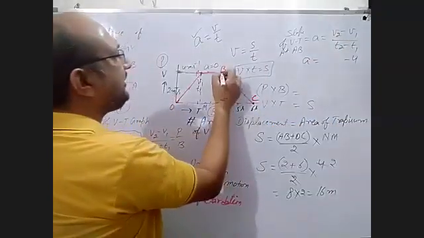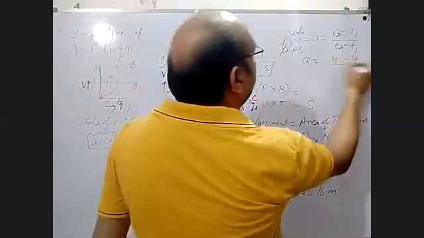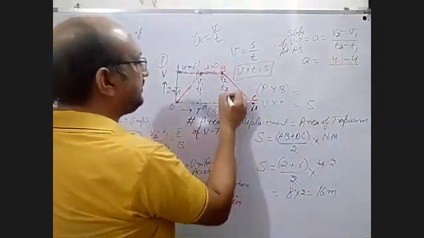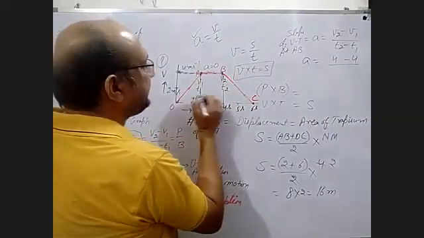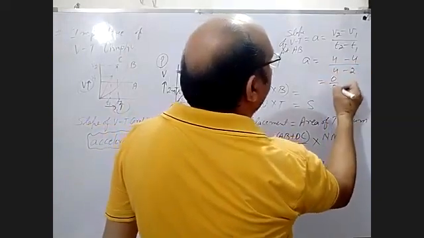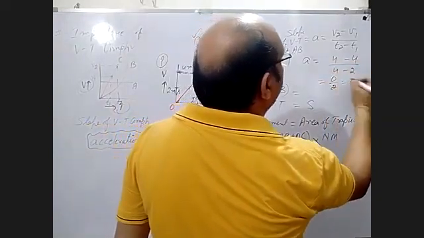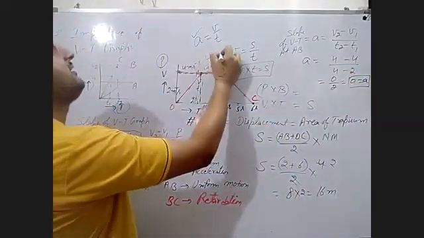What is the value of V2? V2 is again, you can see, 4. What is the value of T2? T2 is 4 seconds and T1 is 2 seconds. So 4 minus 2. Now in this way, 0 upon 2, the value of acceleration is 0. Means uniform motion is there.